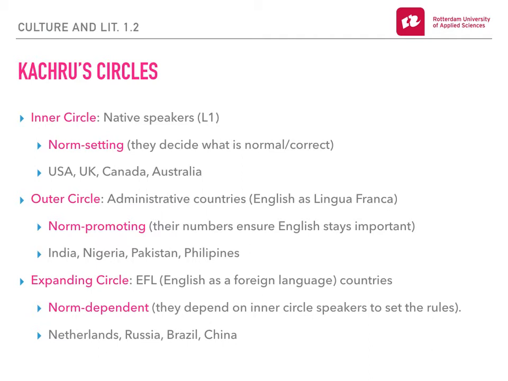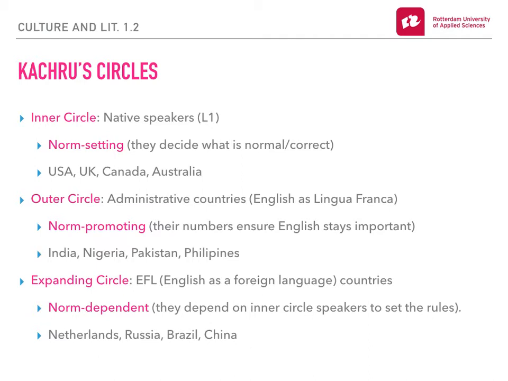Followed by this, you have the outer circle, and these countries are administrative countries and use English as a form of lingua franca. So countries like India, the largest, definitely, followed by Nigeria, Pakistan, even to a certain extent the Philippines. These are countries that promote the use of English, often as a way to ease ethnic or linguistic tensions between different groups of people.